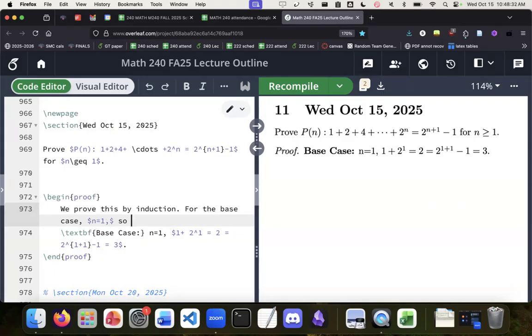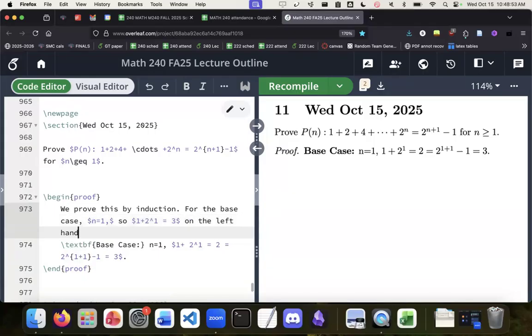And then maybe let's say, on the left-hand side, 1 plus 2 to the 1 is equal to 3. And then I can give the right-hand side. And so that's 2 to the 1 plus 1 minus 1.